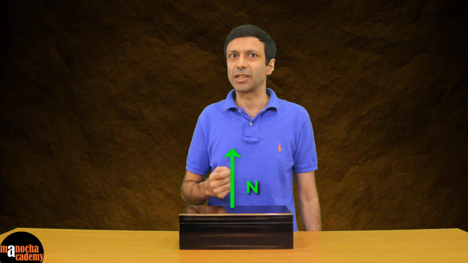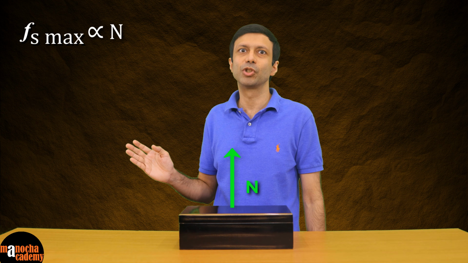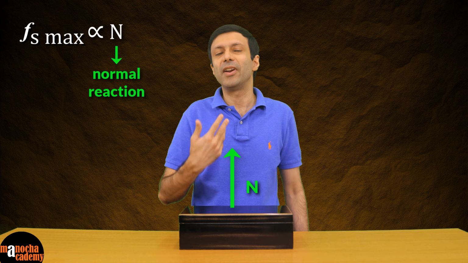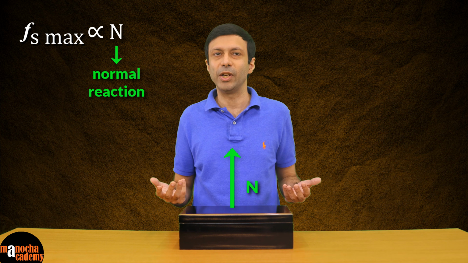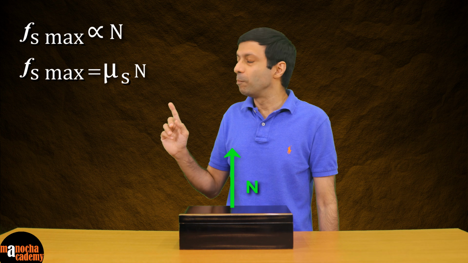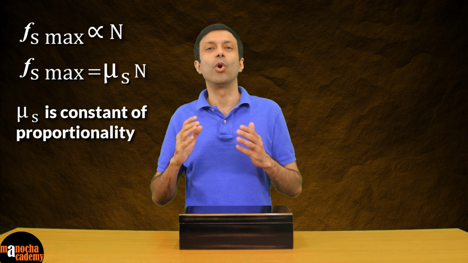The limiting friction Fs max is directly proportional to the normal reaction. So we can denote it like this: Fs max directly proportional to N, the normal reaction. Now we can change this directly proportional relation into an equation by writing Fs max equal to mu s N, where mu s is the constant of proportionality and it is called the coefficient of static friction.